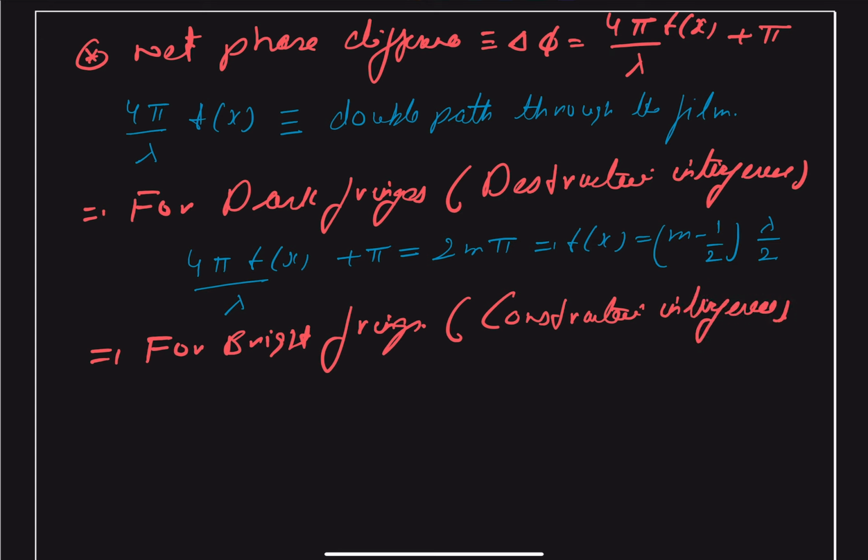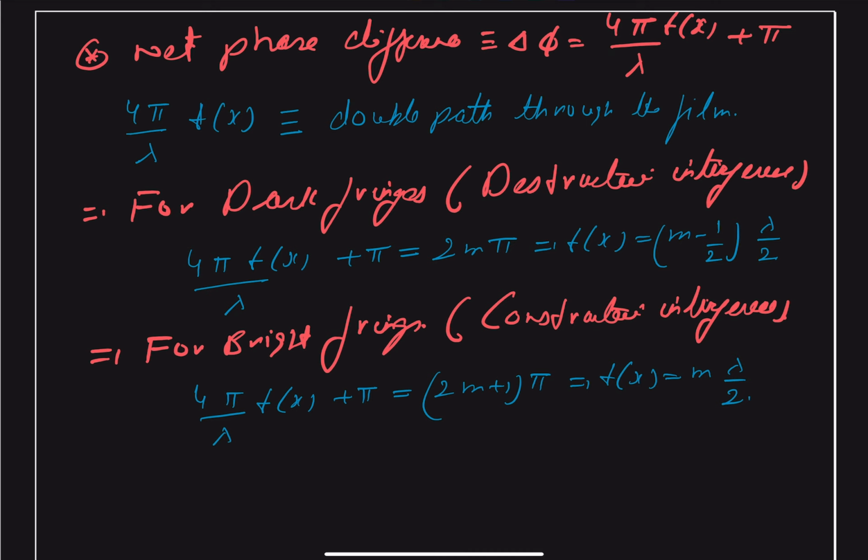For constructive interference we can say that 4 pi upon lambda t of x plus pi should be equal to (2m plus 1) multiplied by pi, and this gives us that our t of x will be equal to m lambda by 2.